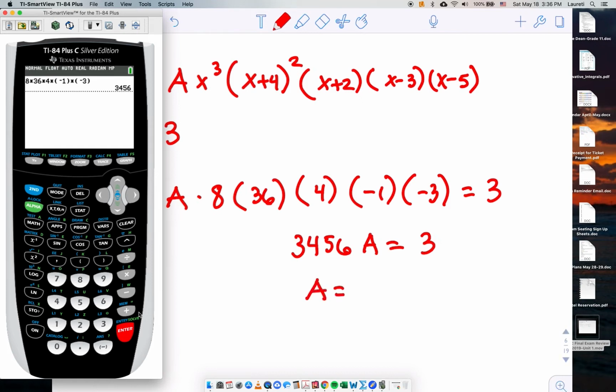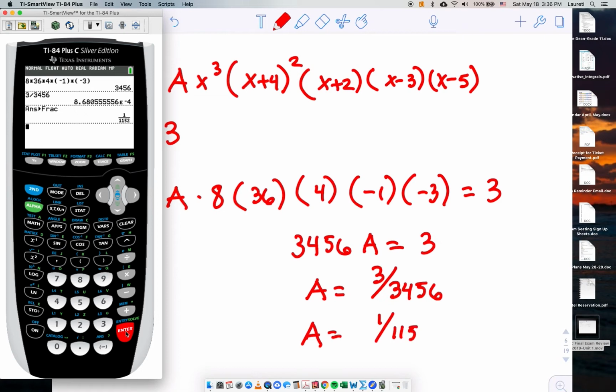So then a is 3 over 3,456. Now I'm just trying to see if it simplifies or not. It does, look at that. So a is 1 over 1,152.